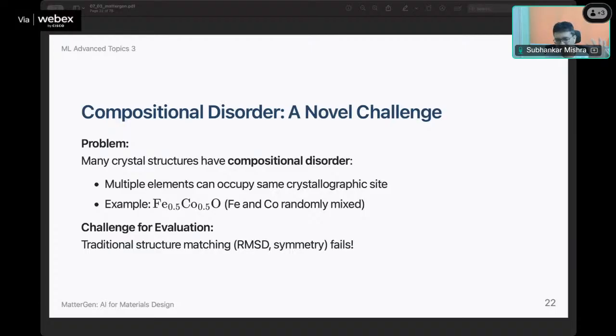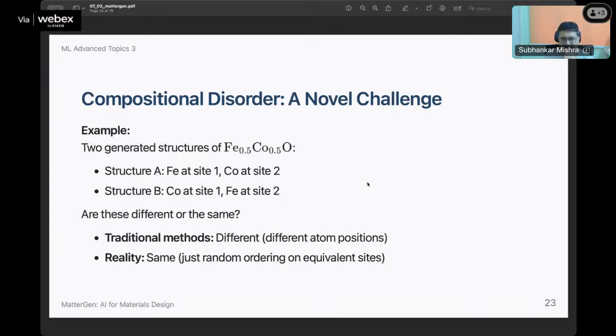So it becomes a challenge for evaluation, and traditional structure matching basically fails. Say there are two generated structures. For that particular material, iron is at site one and cobalt at site two, and in the other, cobalt is at site one and iron at site two.